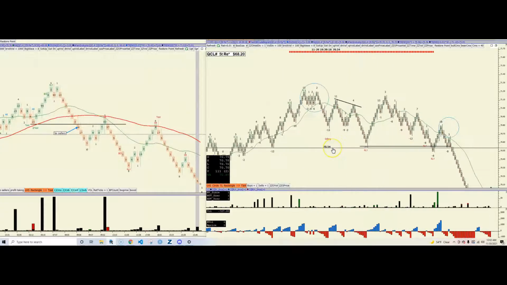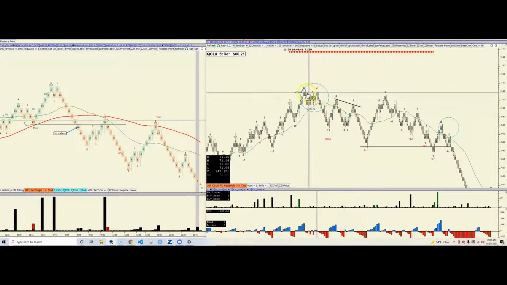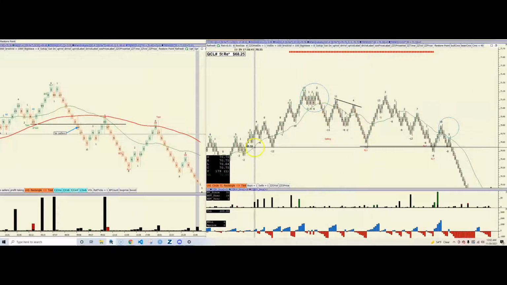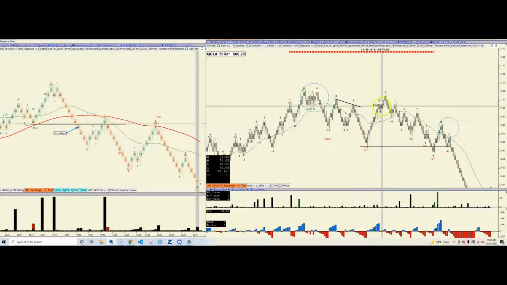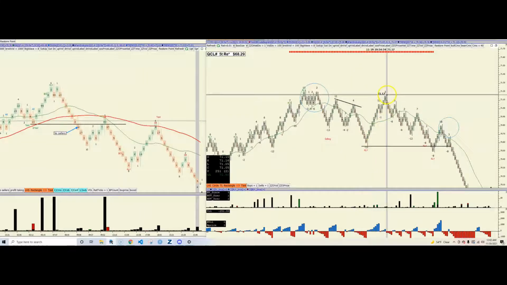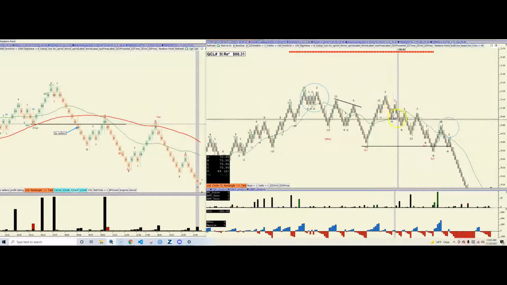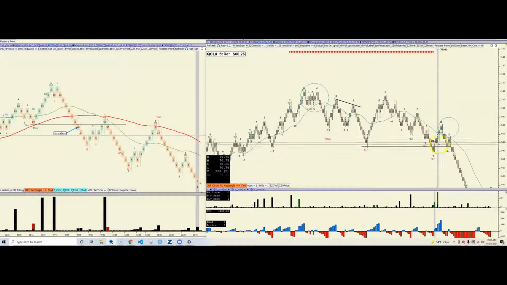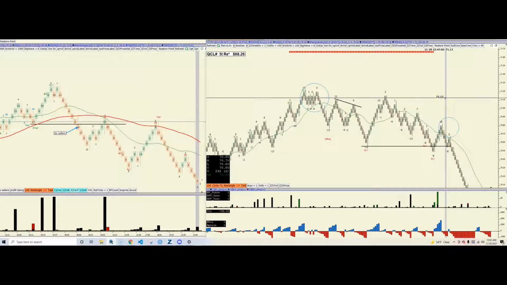Because I can make the very strong argument that the market did this, came down to test this, which was untested before, then rallied, made a higher high. Even these are weak pullbacks, and then finally goes down to spring, heavy buying from support, ready to run, right?